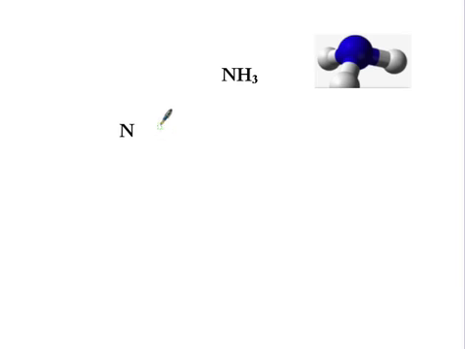And nitrogen is in group 15, so it has 5 valence electrons. And then we bring in the hydrogens. Each hydrogen wants 1 electron, so it is willing to share with nitrogen.